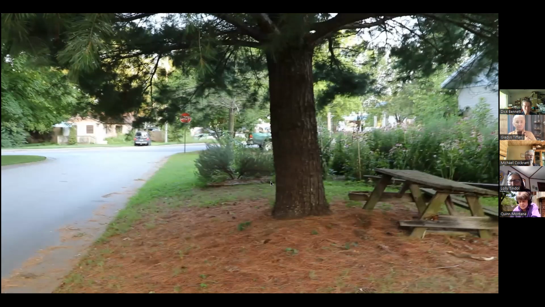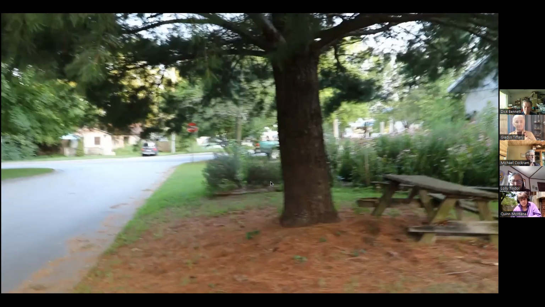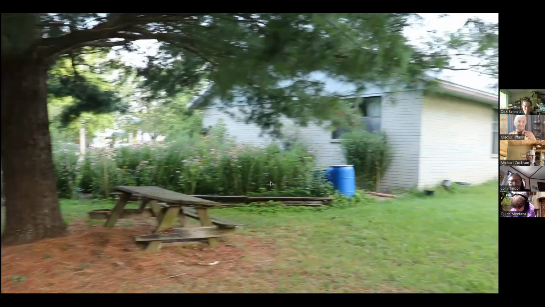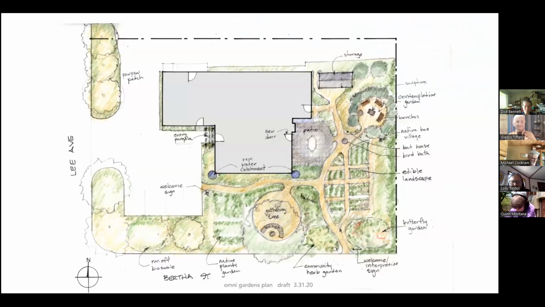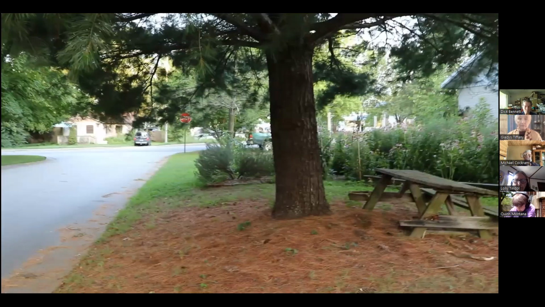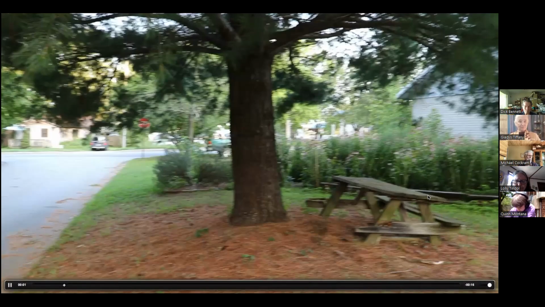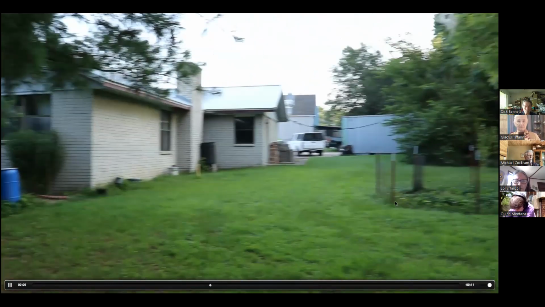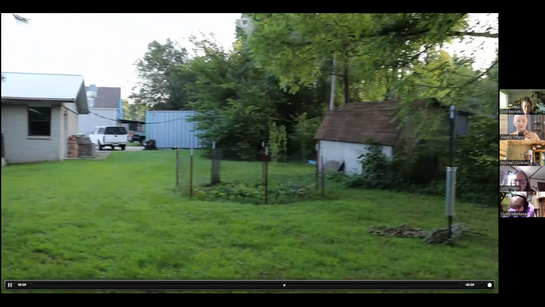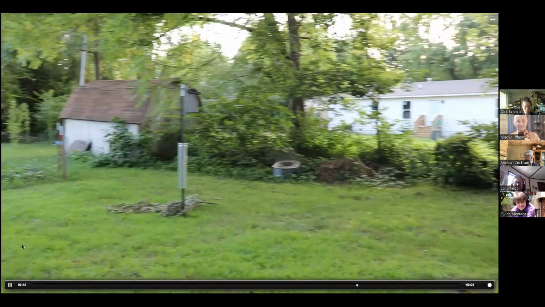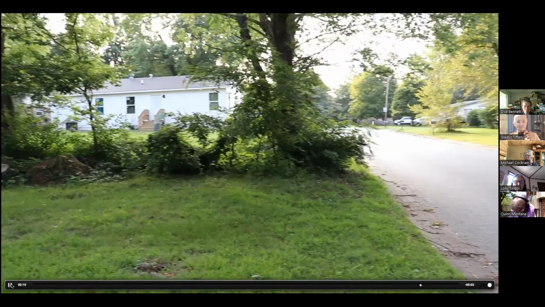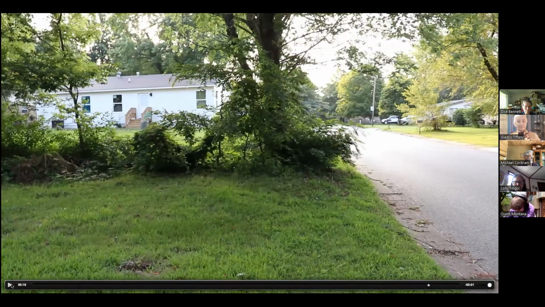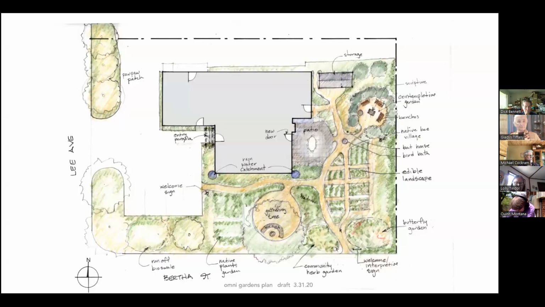We've got some wildflower areas, and there are some rain barrels and that sort of thing, but mostly there is a lot of lawn, and a lot of what we'd like to do is get rid of that. We don't want to get rid of all the lawn, of course, but just reduce it as much as possible.